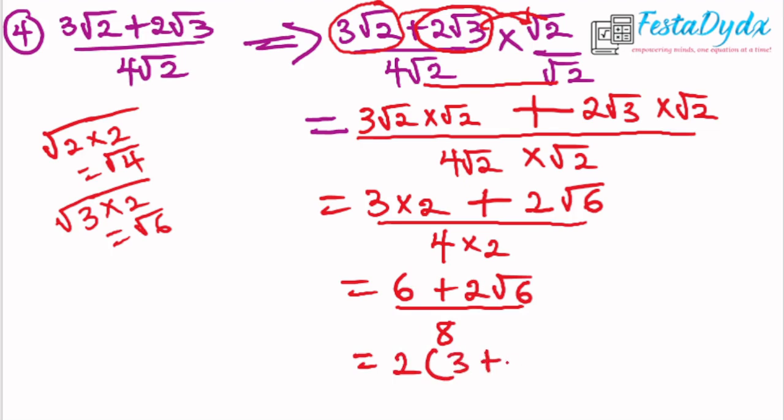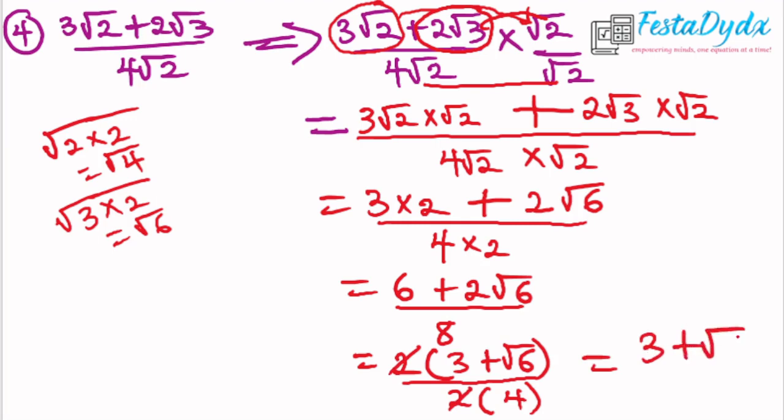So plus 1 root 6, which is just root 6. We close the bracket all over 2 brackets. 8 divided by 2 is going to give us 4. So 2 cancel 2. So our answer here is 3 plus root 6 all over 4.